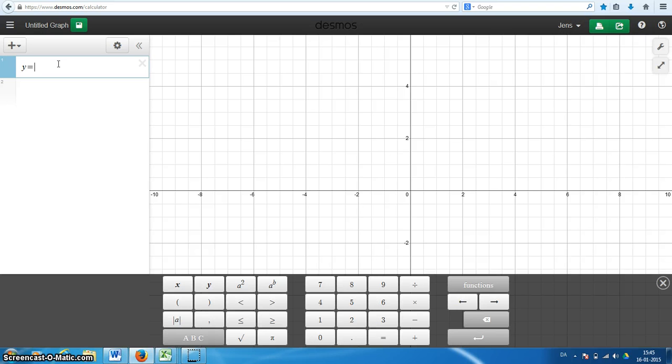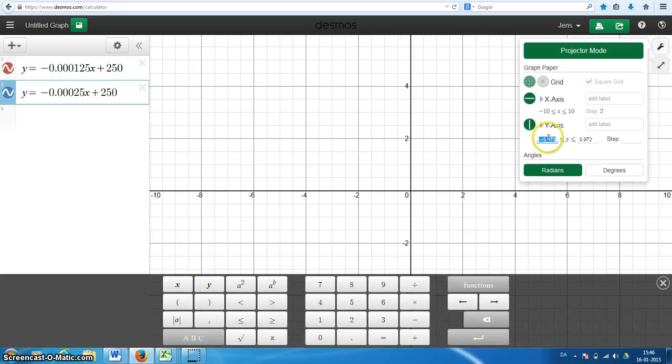In this case, I'll just write minus 0.000125x plus 250. That's the demand function. Next, I'll write minus 0.00025x plus 250. That's the marginal revenue function. At this point, I can't see any of the curves in the diagram, so I have to change the settings up here.